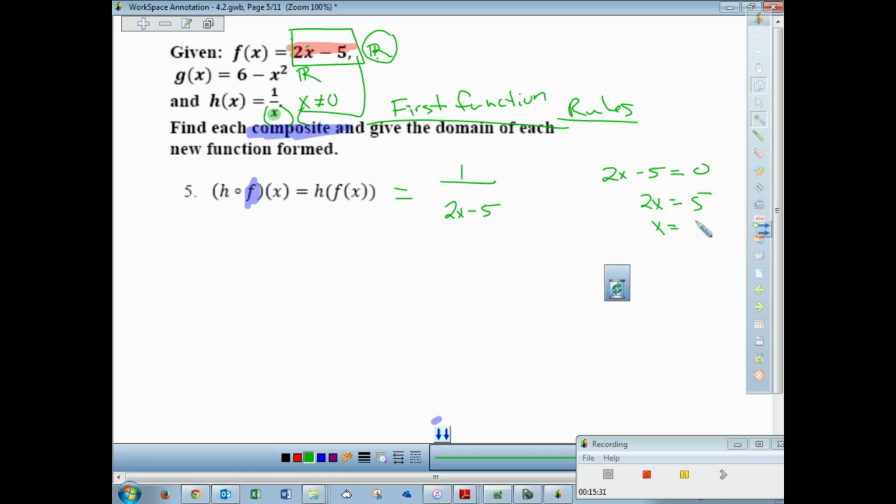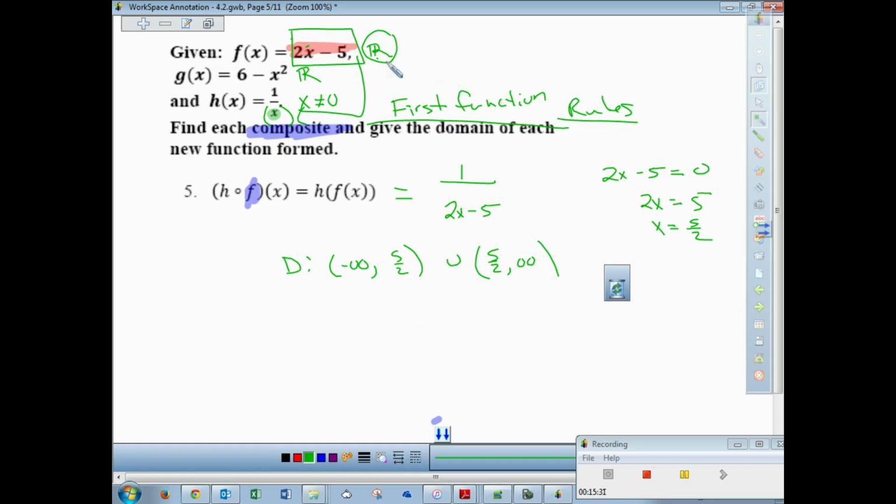Divide by 2. What can x not equal? 5 halves. So I originally had all reals. Now, once I combine everything, out of all reals, I still can't have 5 halves. So my domain goes from negative infinity up to 5 halves, union 5 halves to infinity, non-inclusive.